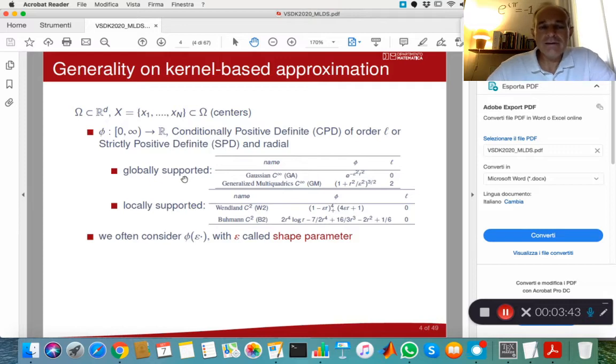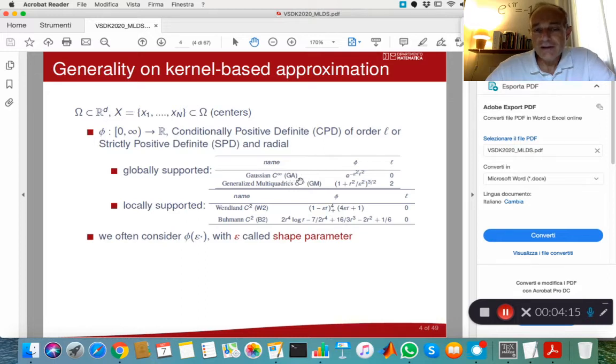There are many radial basis functions that start from this function small phi, and we divide them into two groups. One is the globally supported, and the most important one is the so-called Gaussian function, which is C infinity, as you see.